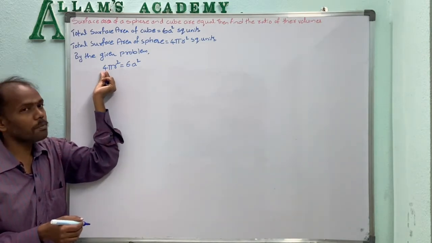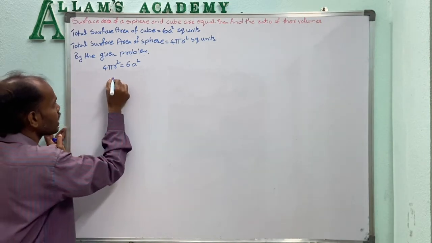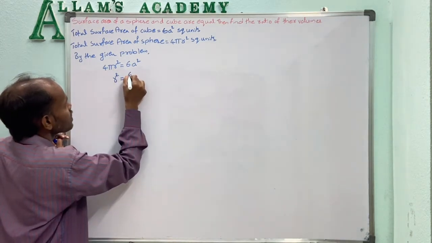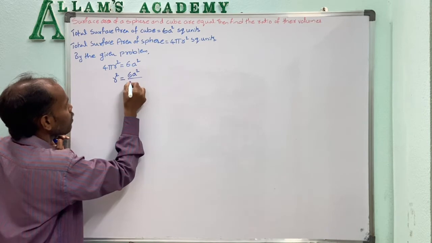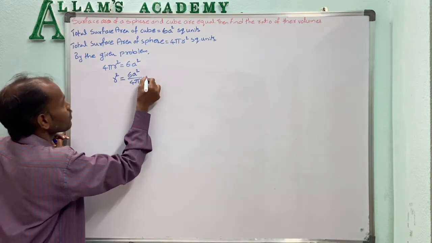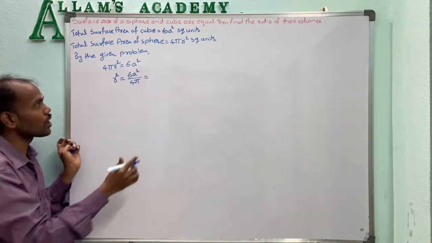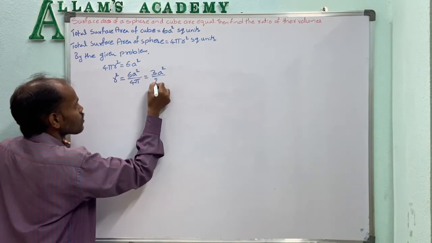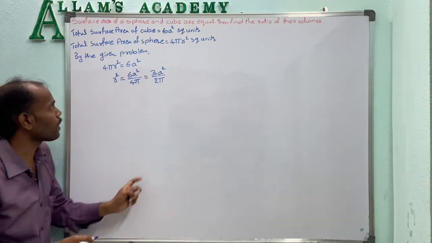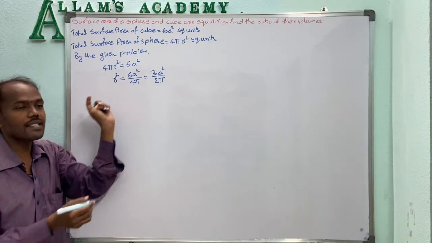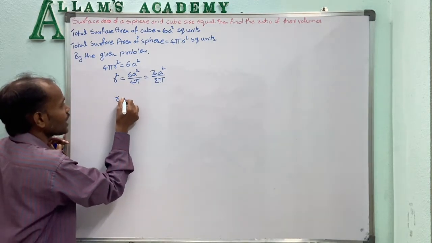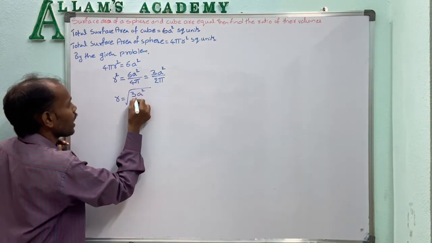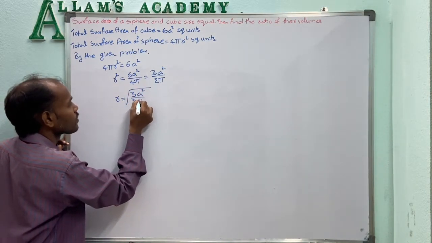So the multiplication by 4 pi transfers to the other side as division: r square equals 6a square by 4 pi. Now both go in the 2 table, 2 3s are 6 and 2 2s are 4. So r square equals 3a square by 2 pi, then r equals under root 3a square by 2 pi.